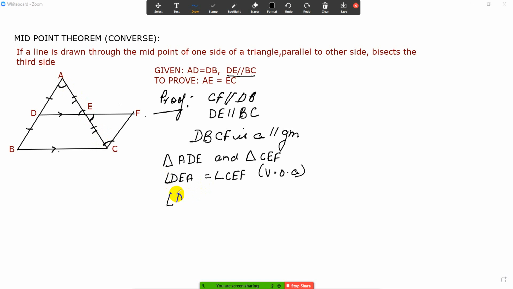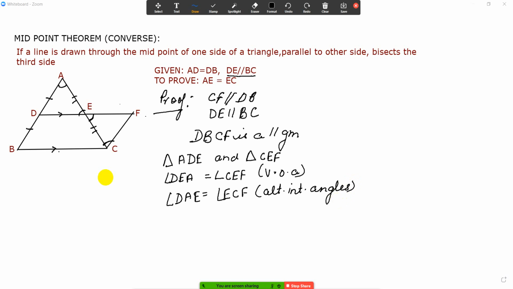So angle DAE is equal to angle ECF. Why? Because alternate interior angles. Correct?